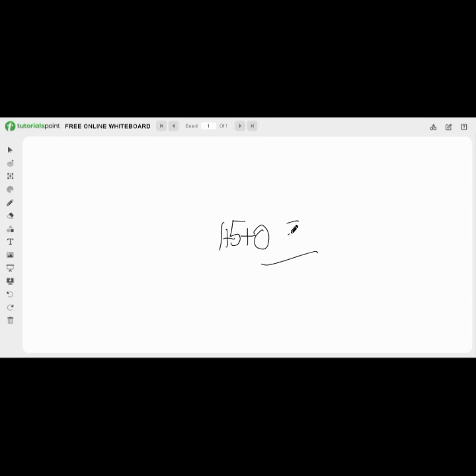Our final answer is 6. So 6 comes in the 3 table. 3 ones are 3, 3 twos are 6. So we have 6 in the 3 table, so it's divisible by 3. So 150 is also divisible by 3.